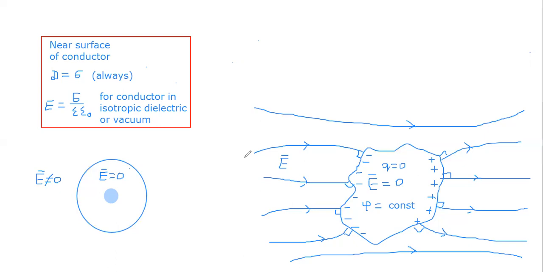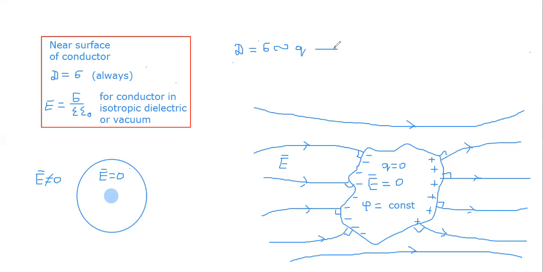Shielding effect. Okay, and as we can see, if there is a conductor without any charges near it, the electric field displacement will be proportional to sigma, and sigma is proportional to electric charge on the surface of the conductor.